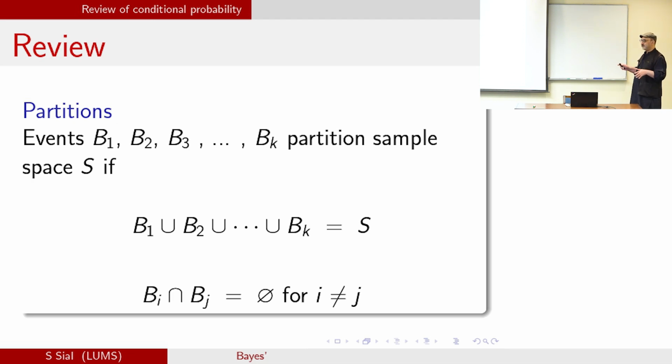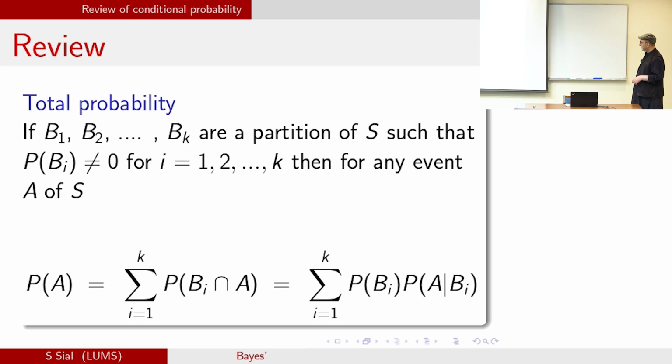So that these BIs don't overlap with each other. So you can think of S as being broken up into these BIs. Okay? And we saw that if you had that, then if you took any A in the set, the probability of A can be given as the sum of the probabilities of A intersected with each of the BIs.